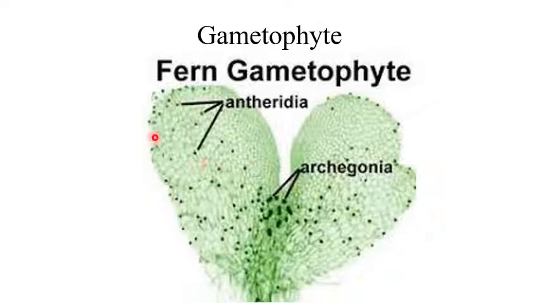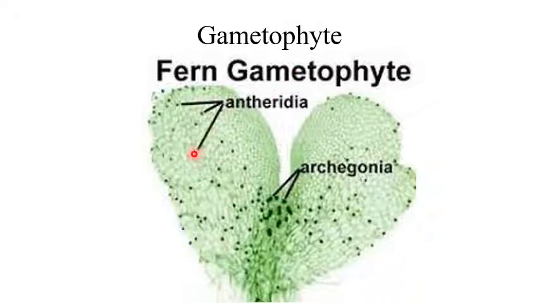Here you can see the gametophyte of the fern, which is heart shaped, and here small rhizoids are also there, and these small dots you can see are actually antheridia, which is the male reproductive structure, and here some oval shaped structures you can see, these are archegonia, and these are present within the gametophyte.